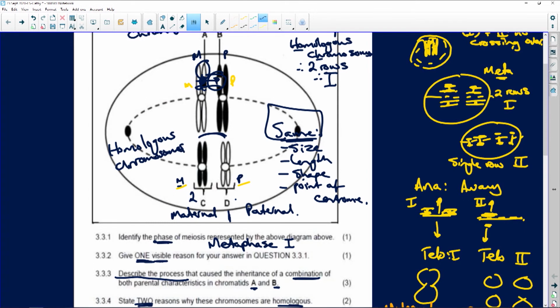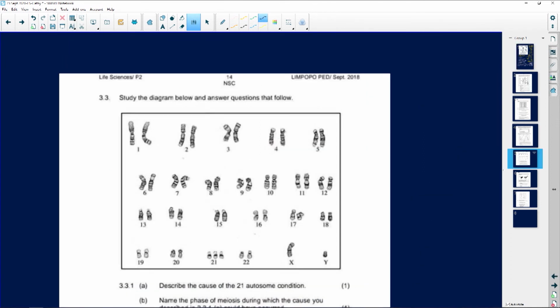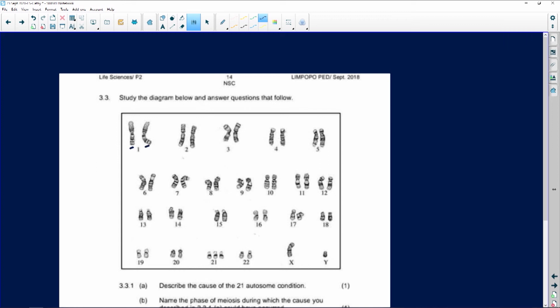Okay, while I was looking through here, I saw a question that Mbali put on. Just give me a sec here. Look here. Can you see these? These clearly are non-replicated chromosomes. But this is what we call a karyotype. And every person on the planet has a karyotype.